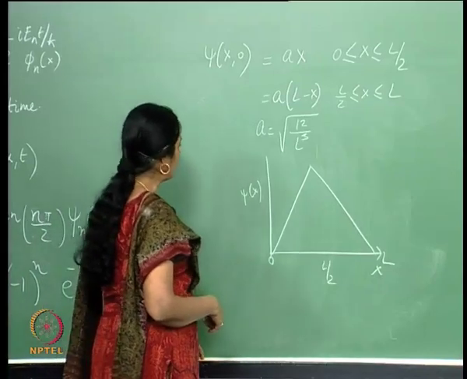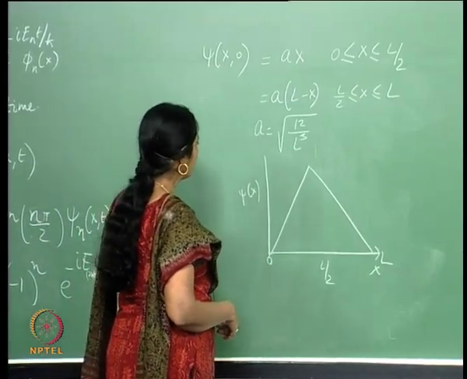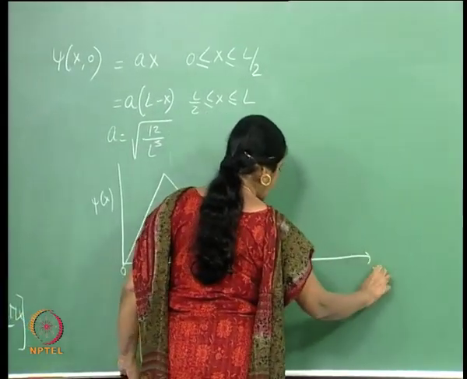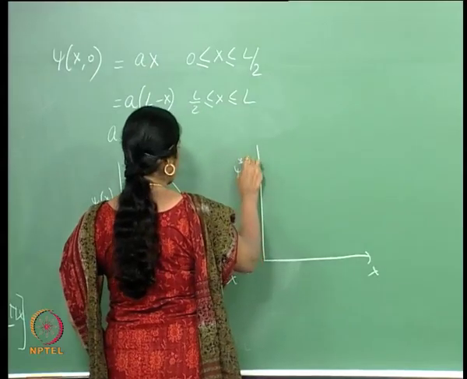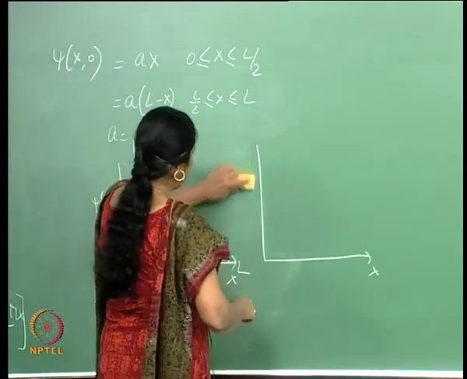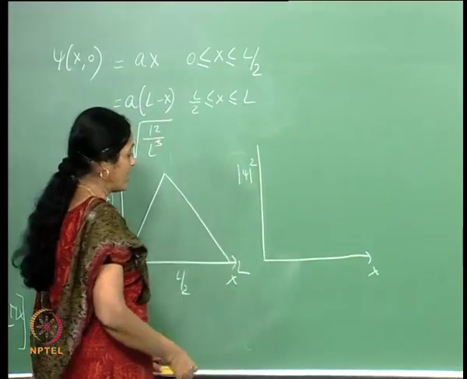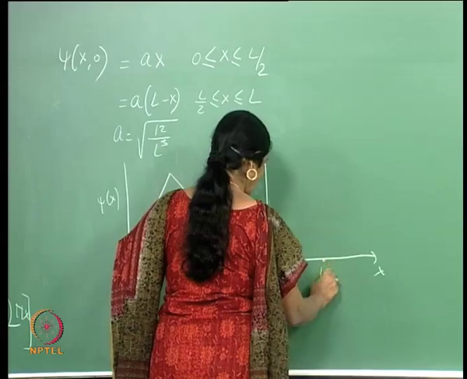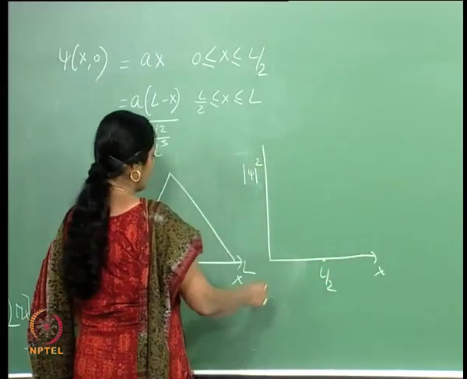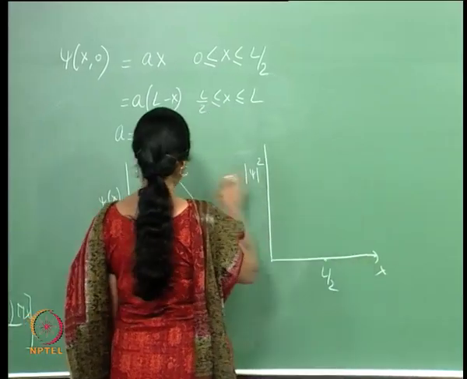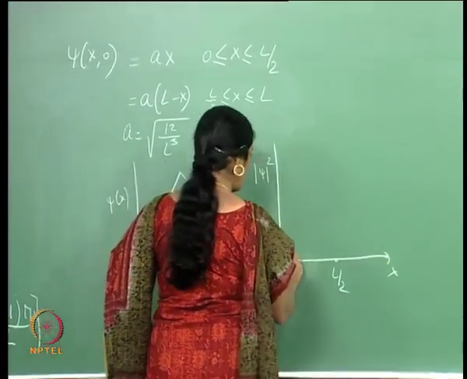So, how does the probability density look? If I plotted psi star psi, just write this as modulus of psi squared or psi squared, it is clear what happens. Of course, it is 0 here and 0 there, and the maximum probability is at L by 2.